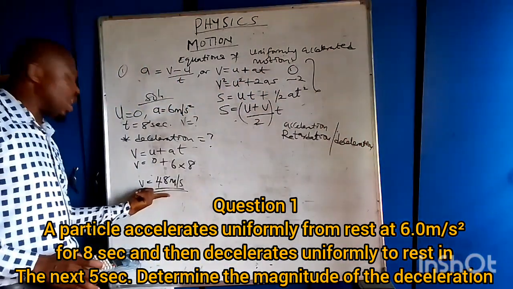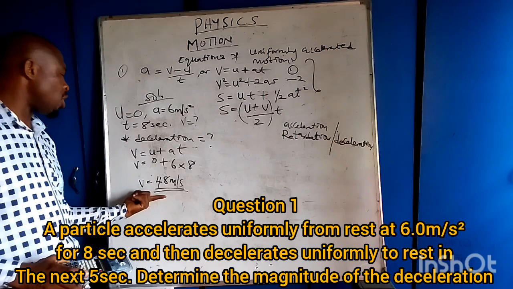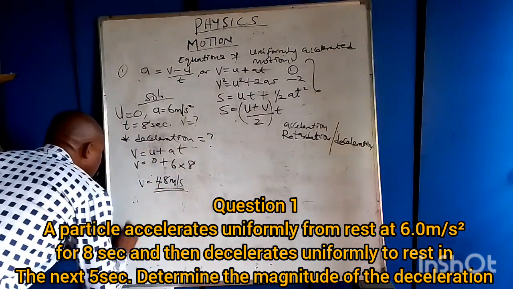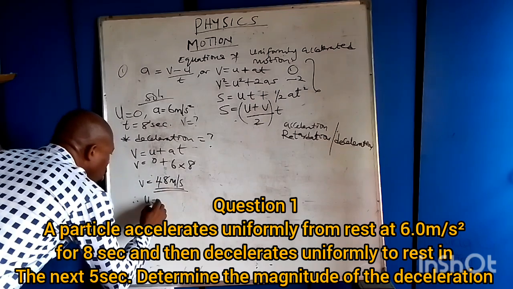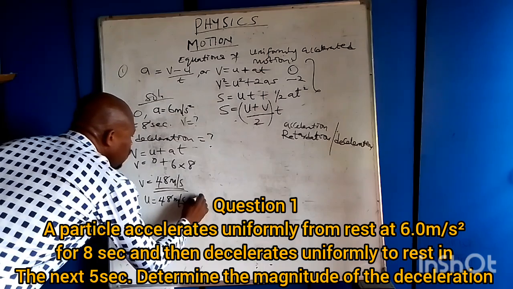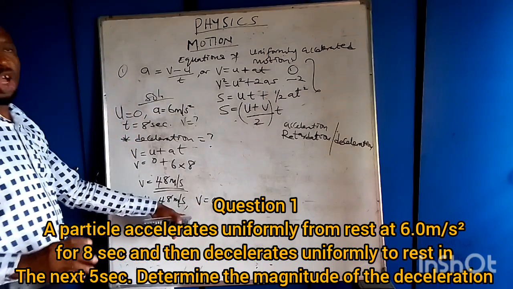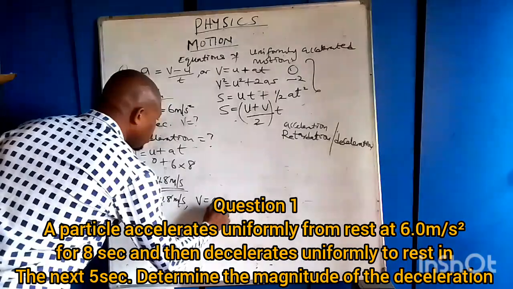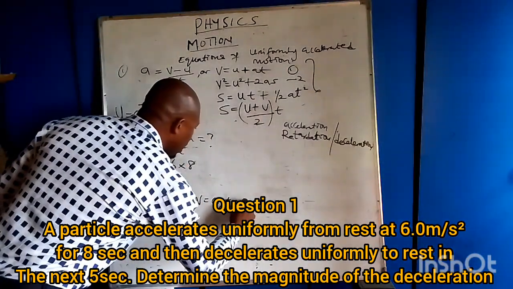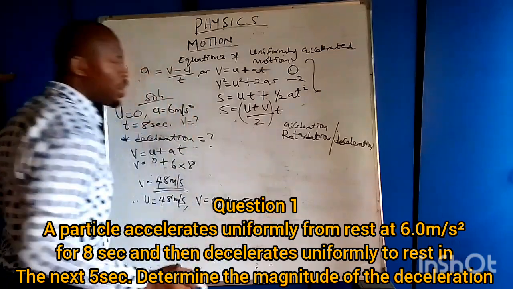Therefore, U becomes 48 meters per second. V at this point becomes 0, because it comes to rest. T is 5 seconds from the question.